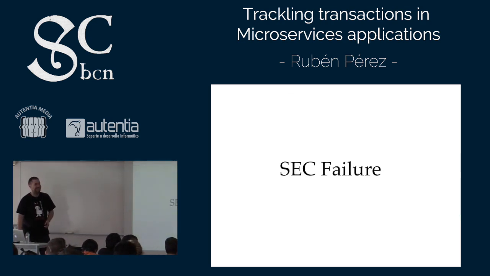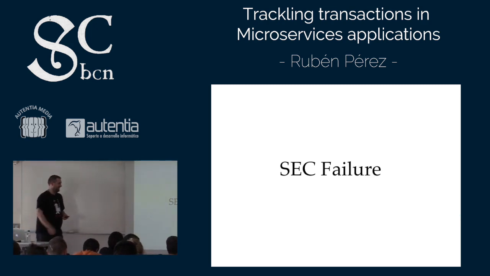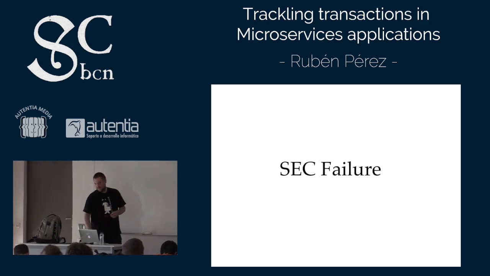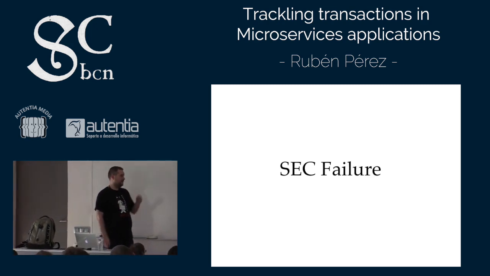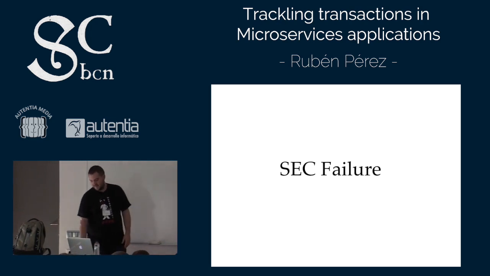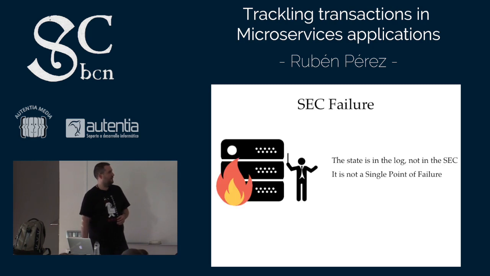Okay, so now we're getting there. We saw that the two-phase commit coordinator was a single point of failure. So what happens if our coordinator fails? For example, if we have just one machine for this, for whatever reason, and it goes down. So what happens here?